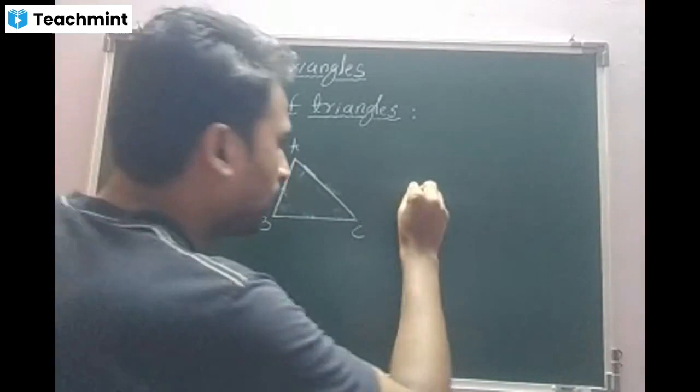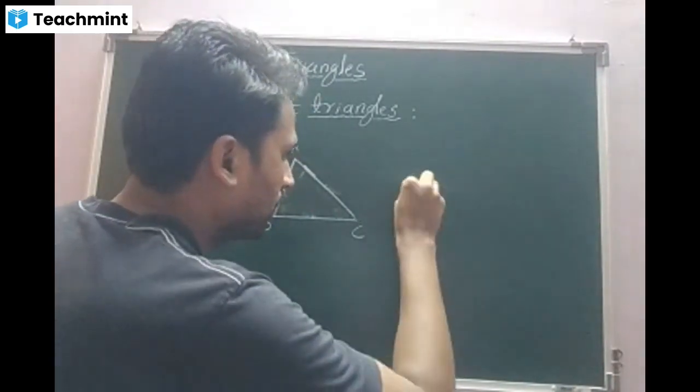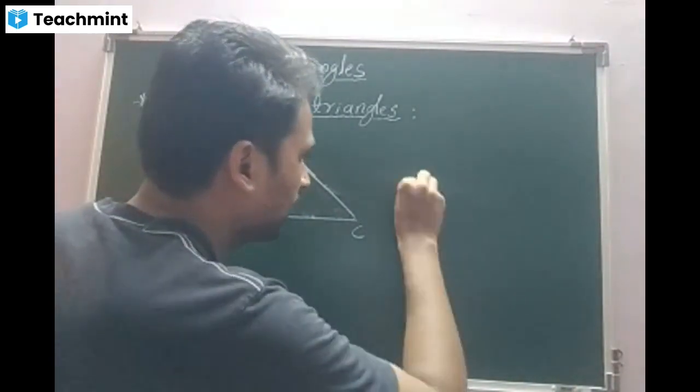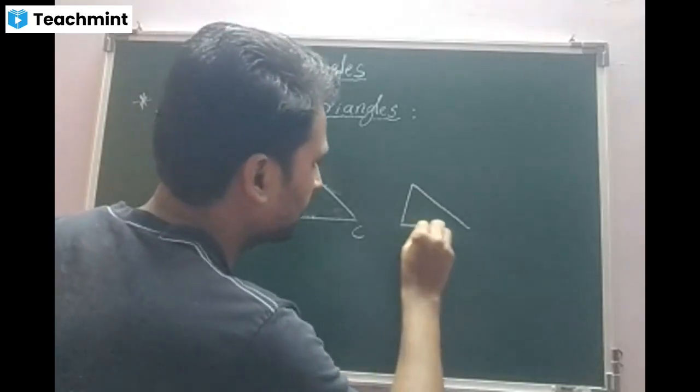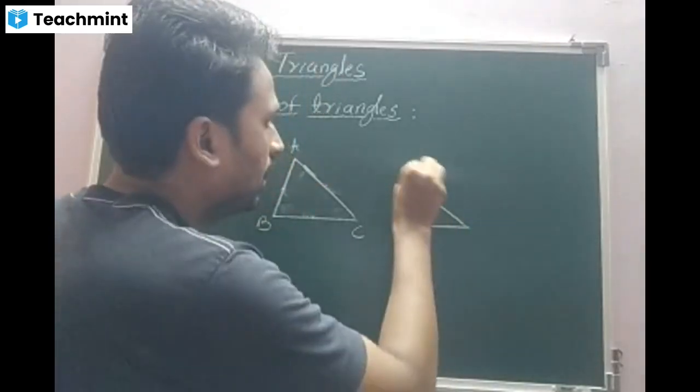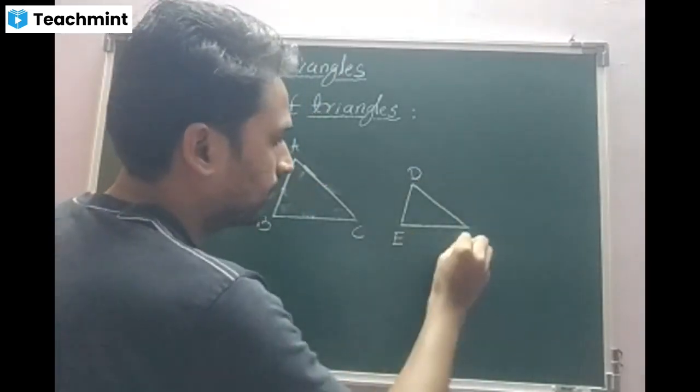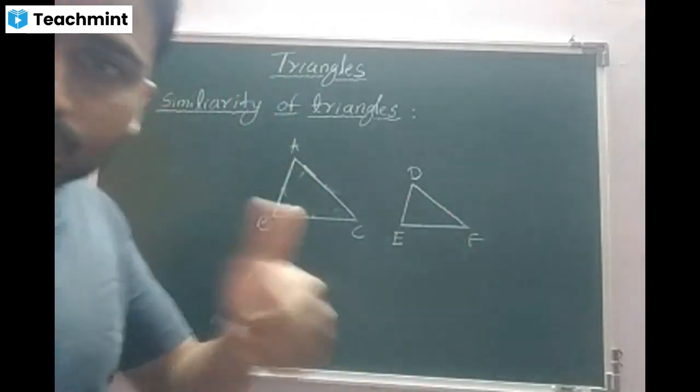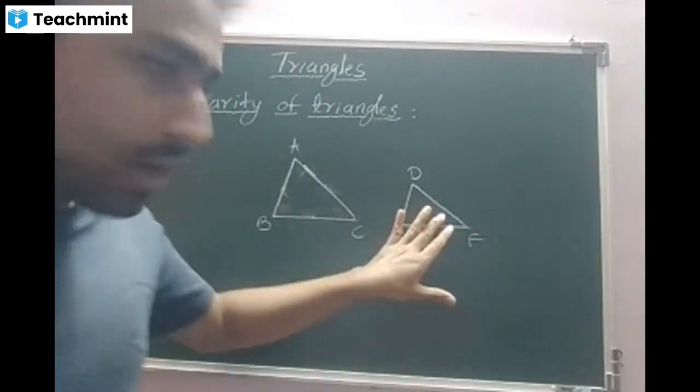Now I will draw one more triangle, beta, in which the shape remains the same. The shape of the triangle I'll keep the same. Only, I reduced its size. Am I right, beta? Yes, sir. Now these two are the triangles.